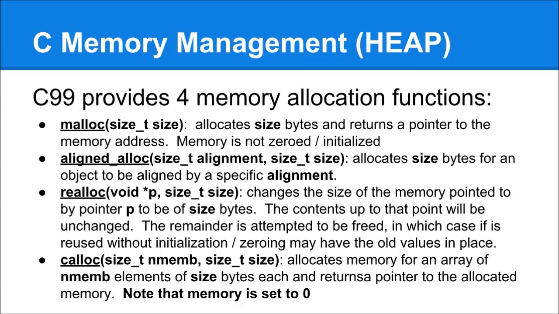The heap is the primary memory segment for dynamic memory management and allocation. The stack is primarily used for things that are already declared beforehand. I need a character array of size 10. But for the heap, I'm taking user input. I don't know how much, so I'm going to take it in and work with it accordingly, depending on what happens at runtime. That's where operations will typically occur on the heap.